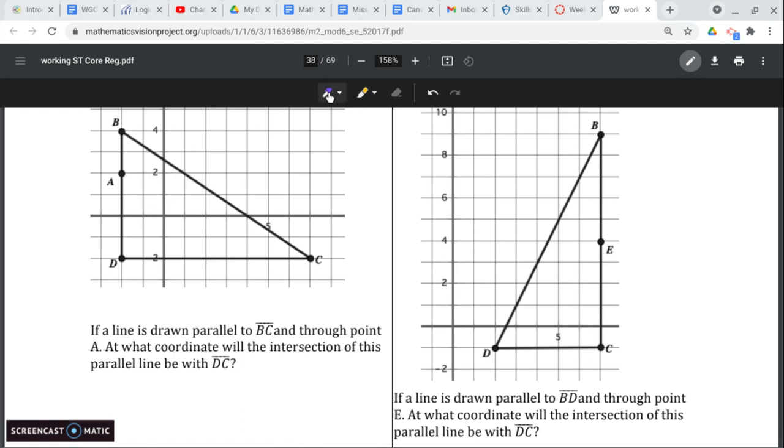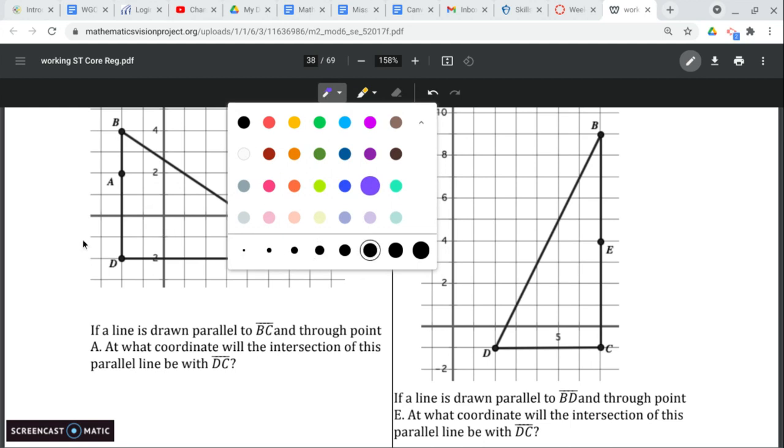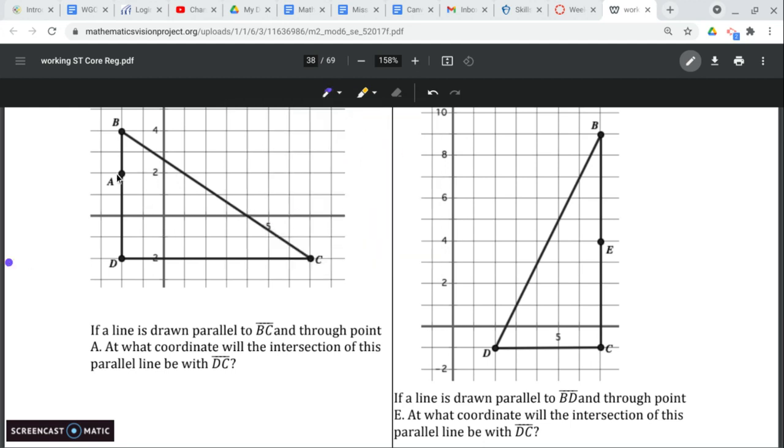So we'll do the same thing from point A. Let me make this a little bigger. So we'll go down 1, 2 over 1, 2, 3. So this point right here would be where the new line will intersect with DC. So this point is at 4, negative 2.